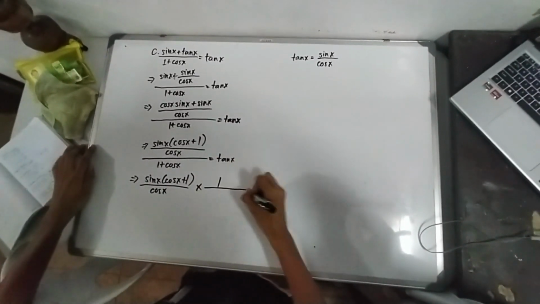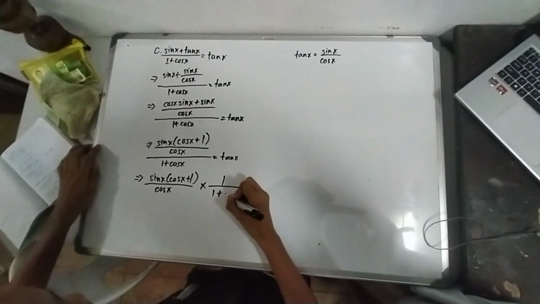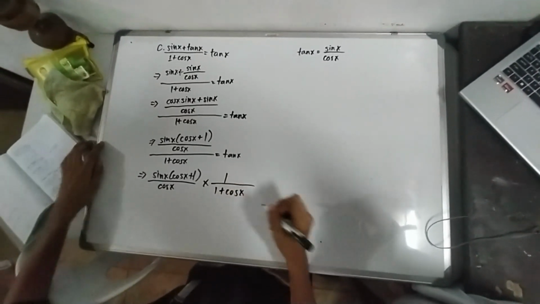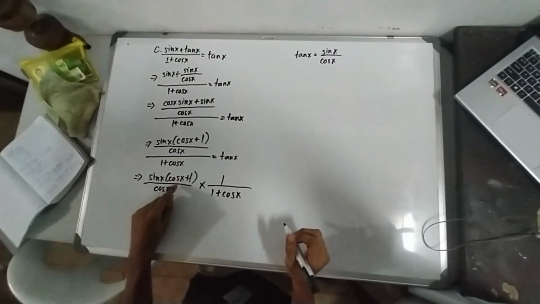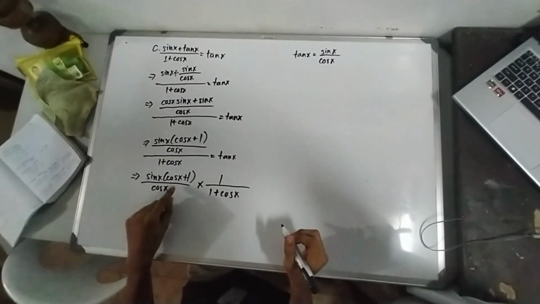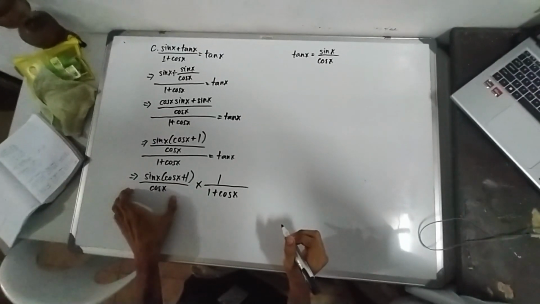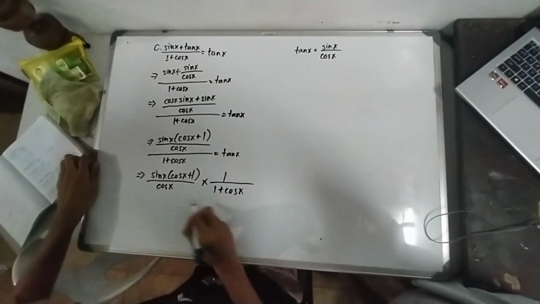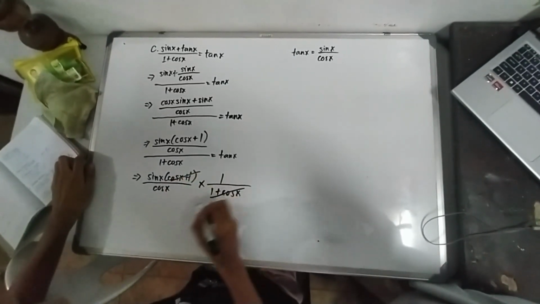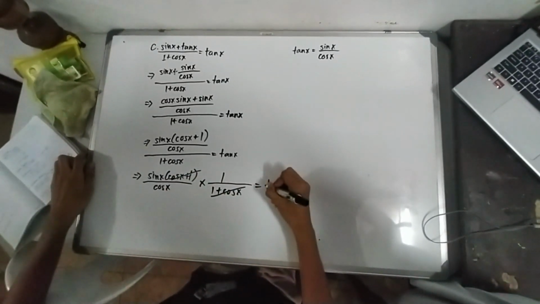So 1 over 1 plus cos x. Now, as we can see, we can cancel out the numerator of the first term and the denominator of this. So let's cancel out. Cancel, cancel, and this will equal tan x.